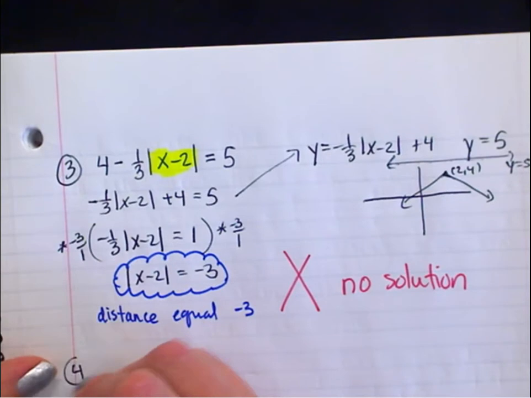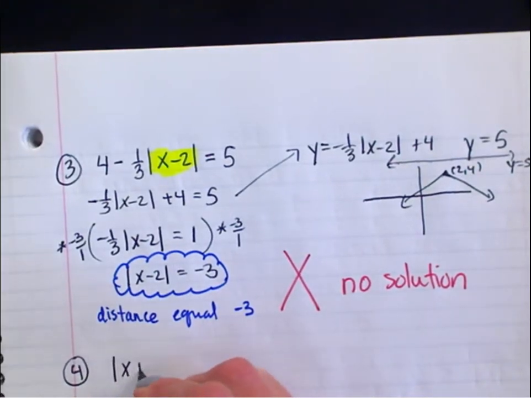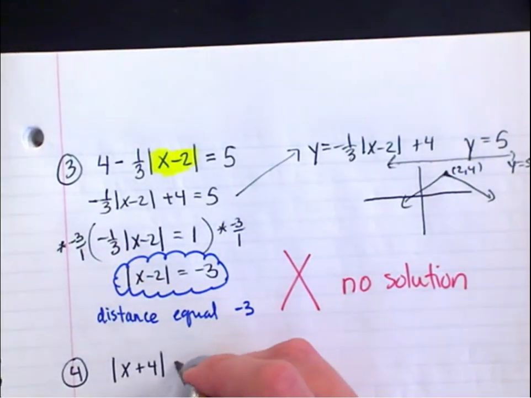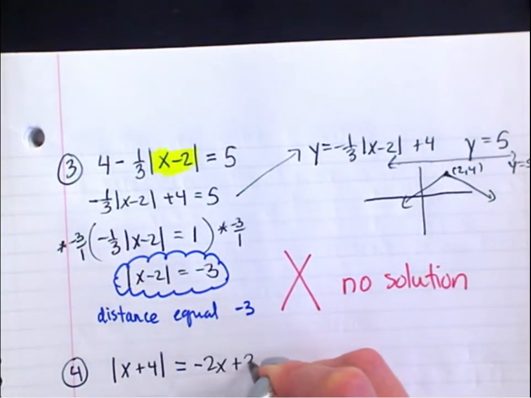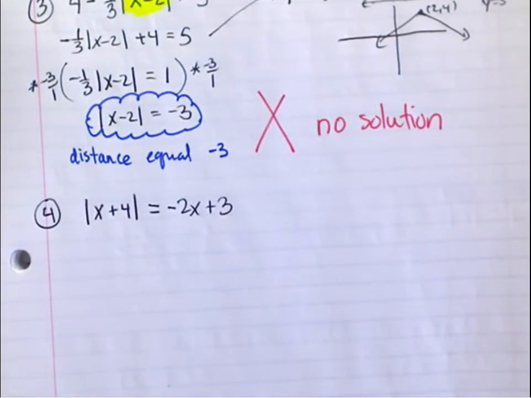Okay, fourth example. There's more than a number over there.